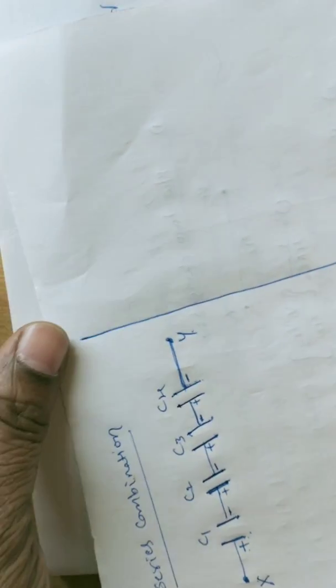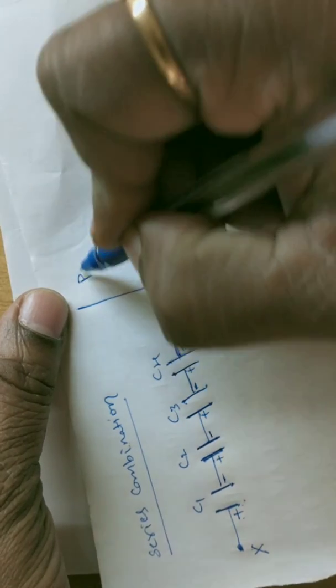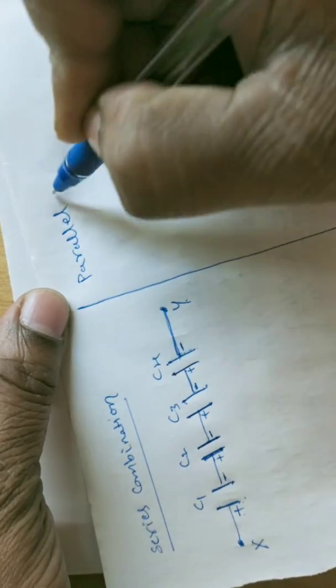Further, we want to go for the parallel combination. See how we represent the parallel combination.